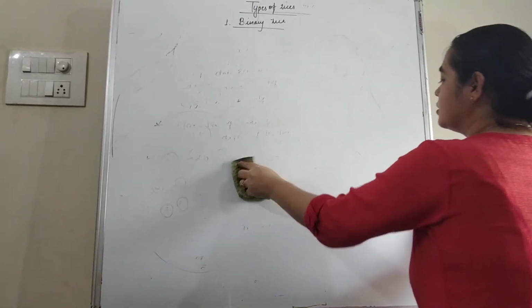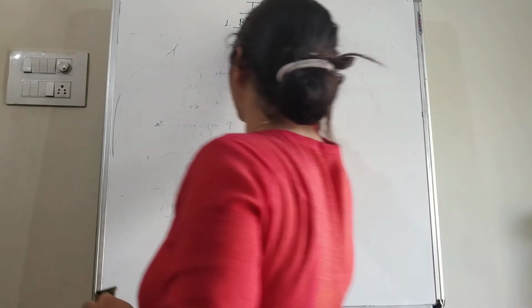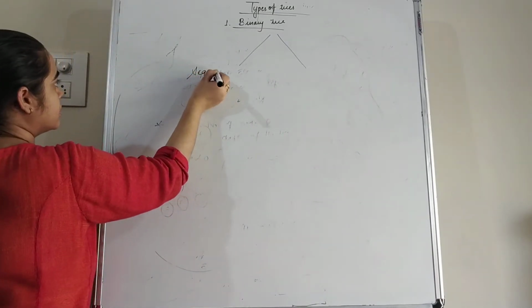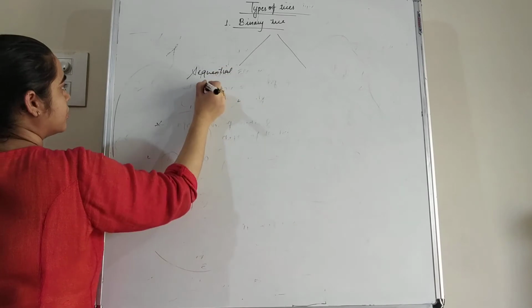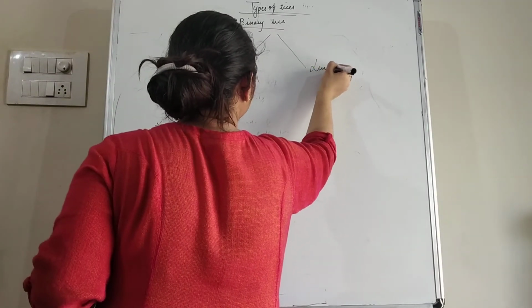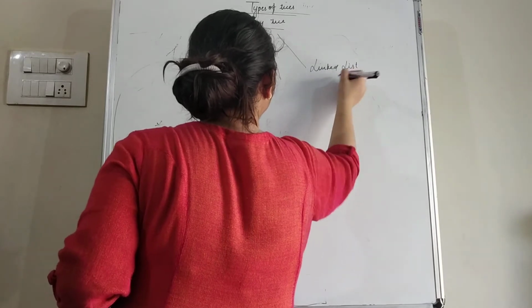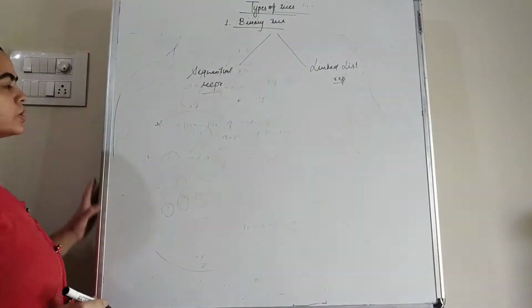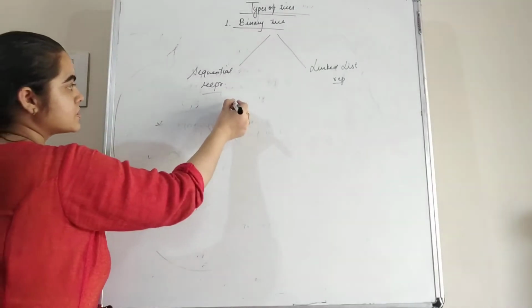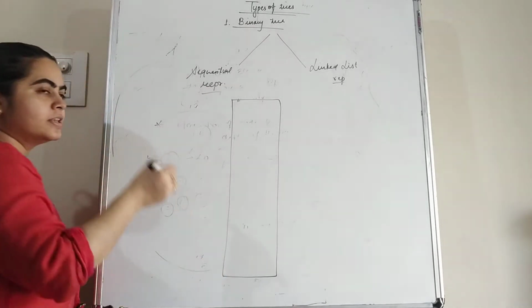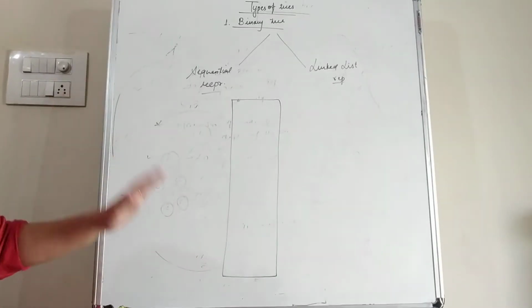So the memory representation of the binary tree is by sequential representation, or second is the linked list representation. So first one is the sequential representation. So students, in case of the sequential representation, we can use only one array, and in this array we can store all the nodes.